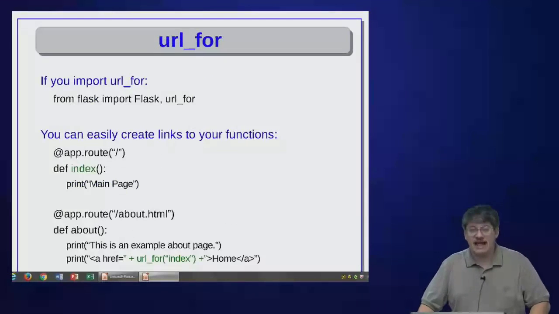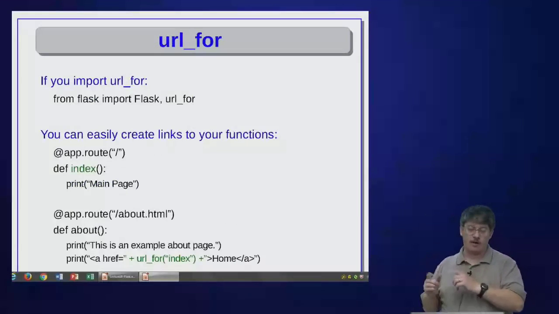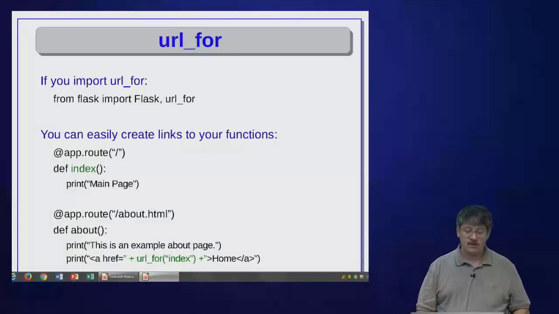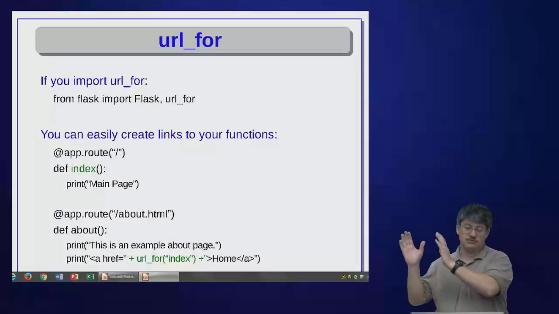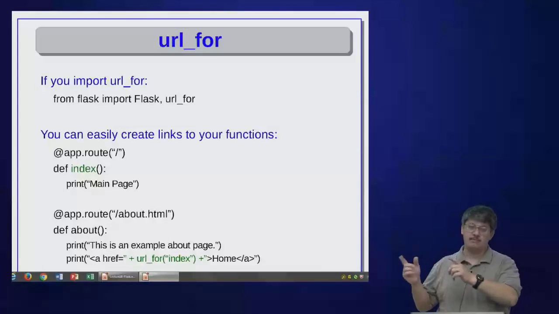Another feature of Flask is the url_for function. If you import url_for, so up where we say from flask import Flask, we have to tack on comma url_for. Then you can easily create links to the other functions in your application. So I can say @app.route / and I can have a function named index that I define that just prints the words main page.